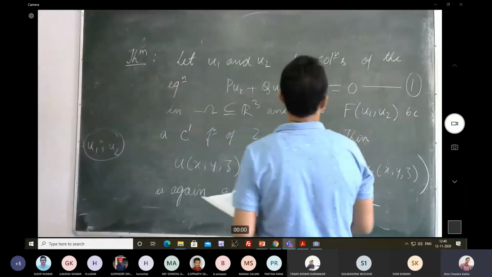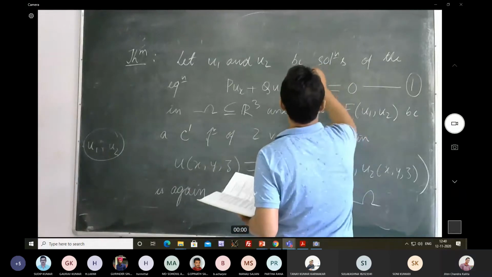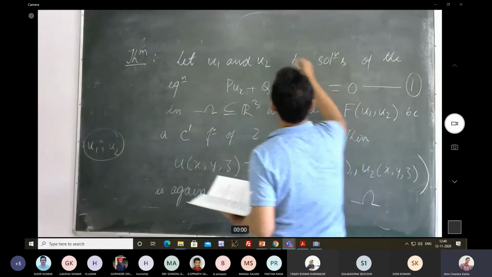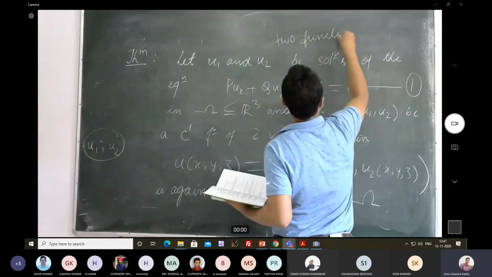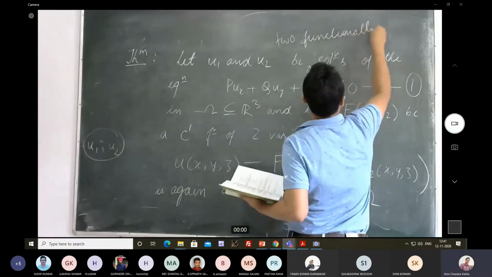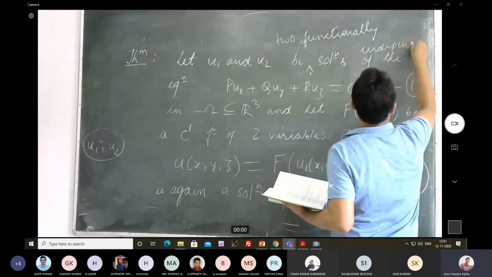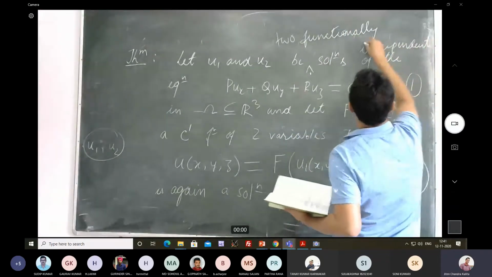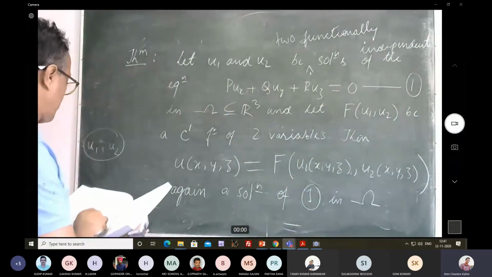Let me write two functionally independent solutions of this equation.